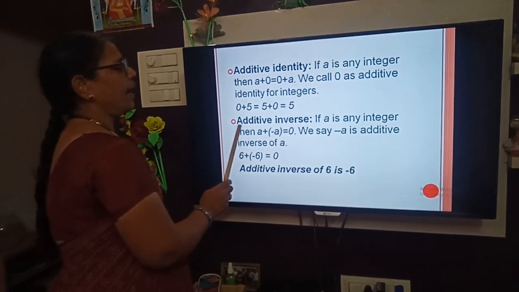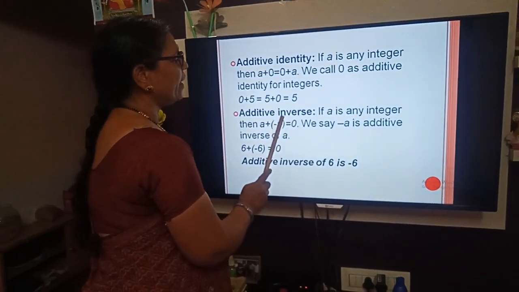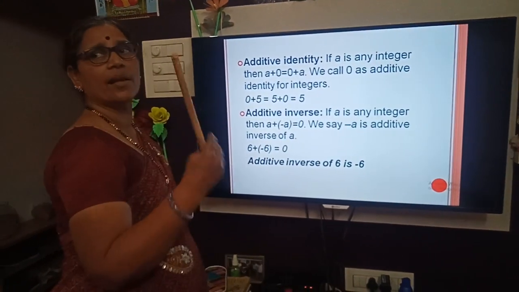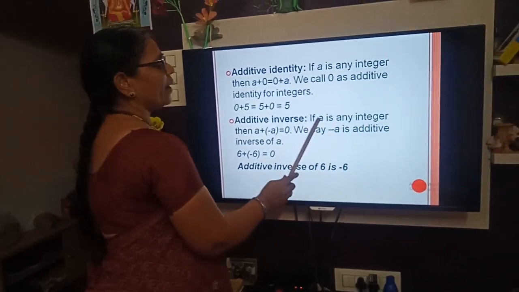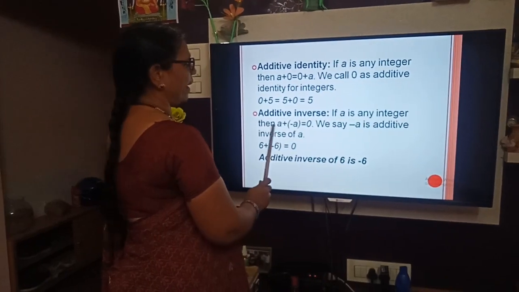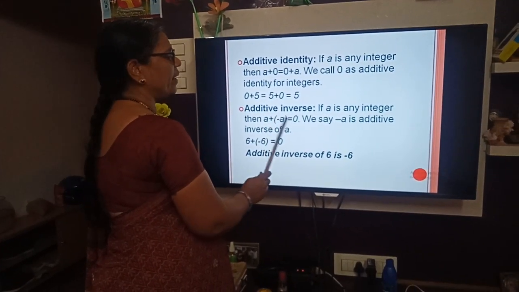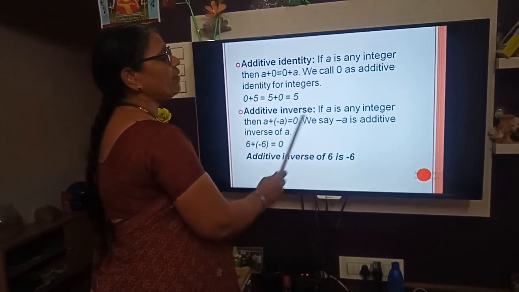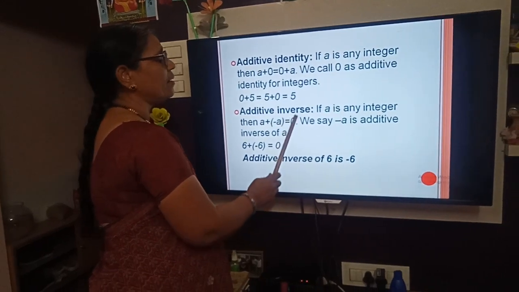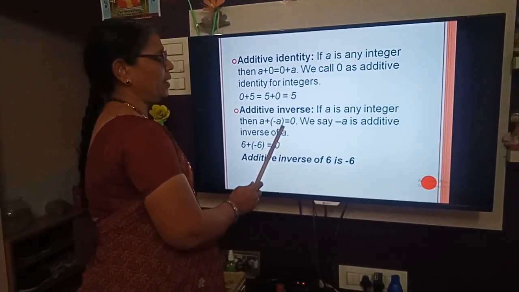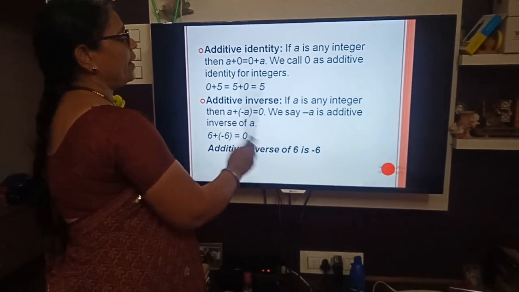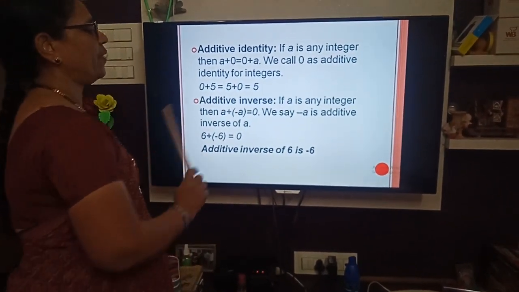Next one is additive inverse. Here inverse in the sense just the number which is added with opposite sign. If a is any integer, then a plus of minus a is equal to 0. When we add two integers, we must get the sum as 0. In such a way we have to find the additive inverse of that integer.